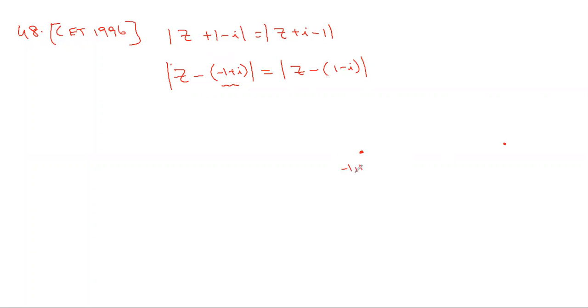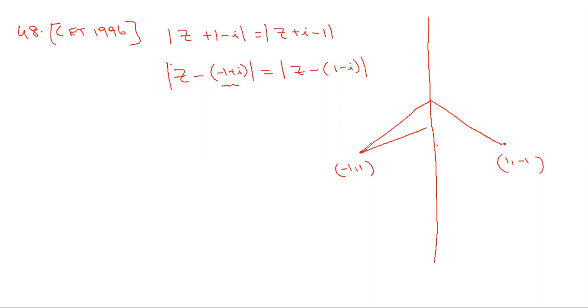Minus 1 comma 1 is a fixed point and 1 comma minus 1 is a fixed point. The set of all points equidistant from these two fixed points is the perpendicular bisector of the line joining those two points. You can see that any point on this line is equidistant from these two points. You take any point on this line and it satisfies this condition.